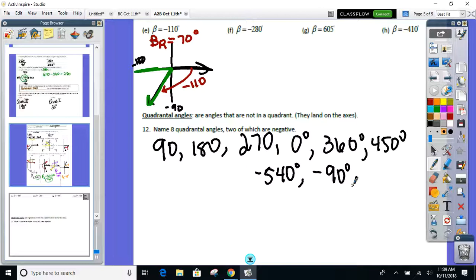You're not done because I'm coming around watching you guys do F, G, and H. I'll put the answers up here so you guys know you're doing them correctly. So negative 280, draw it, find its reference angle. Check the reference angle up here.